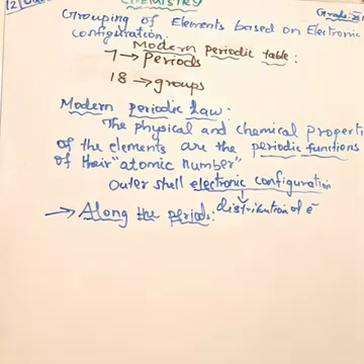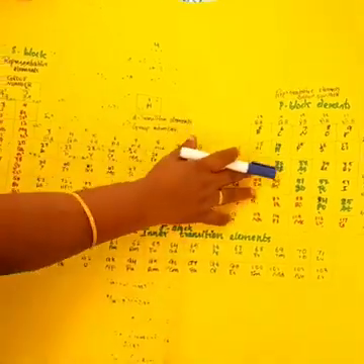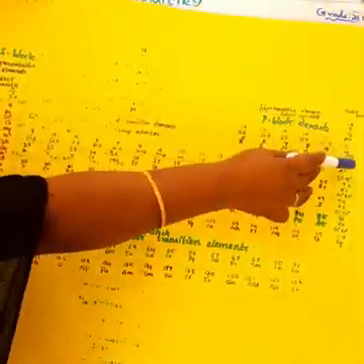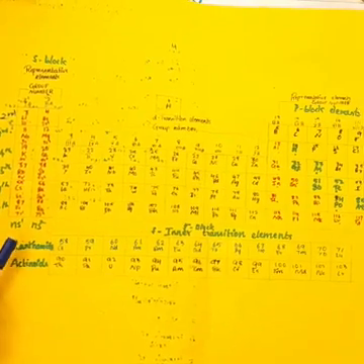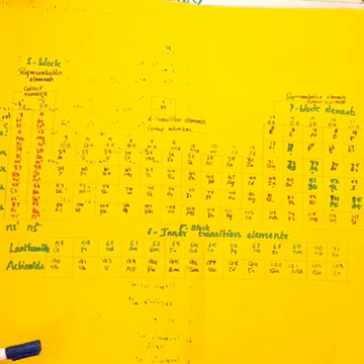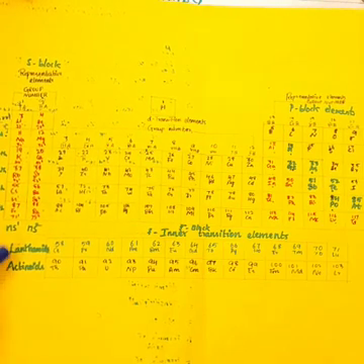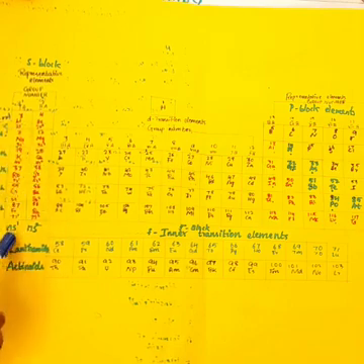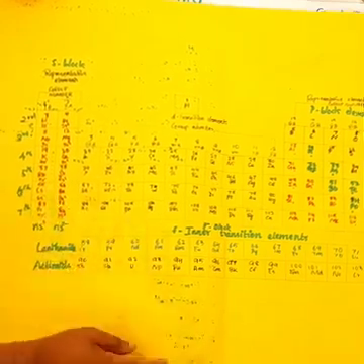We have already learnt that each period starts with an element having the general electronic configuration ns1 and ends with ns2 np6. In total, how many periods are there? 7 periods.